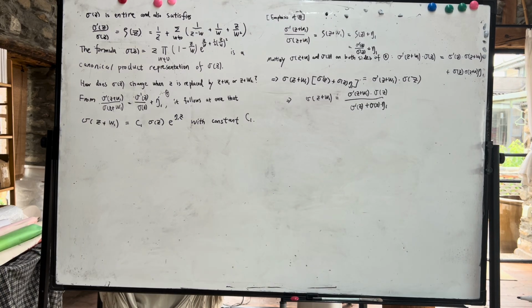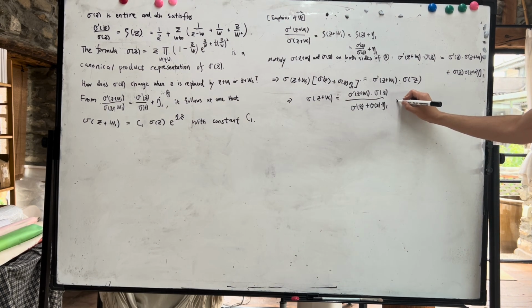And then sigma of z plus omega 1 times sigma prime z omega times sigma z, which is divided.